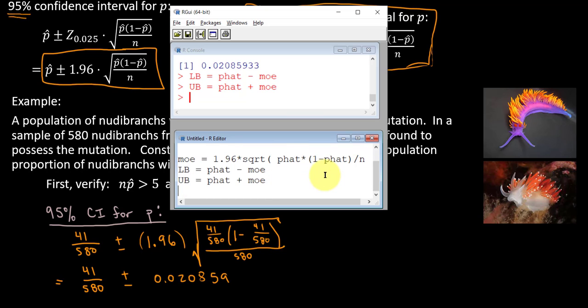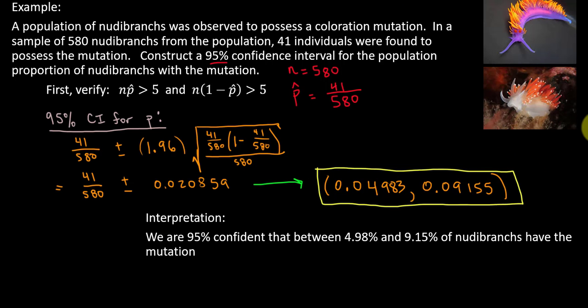And R, can you please display both of these quantities? I'm going to transcribe that onto my display here. Awesome, so our confidence interval I have put into a nice yellow box there.